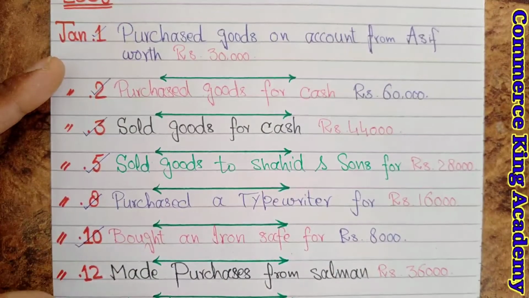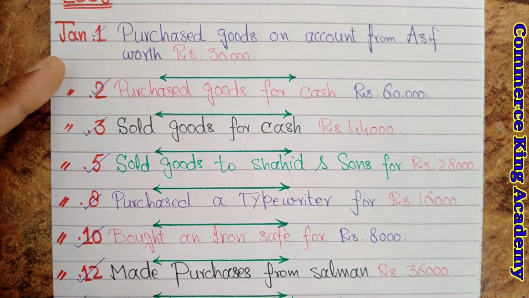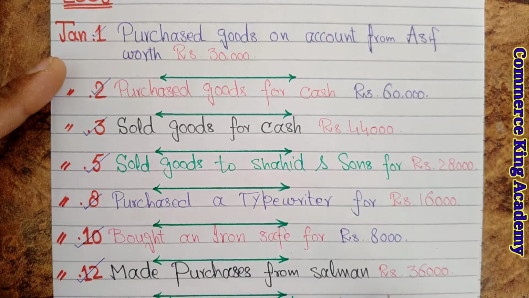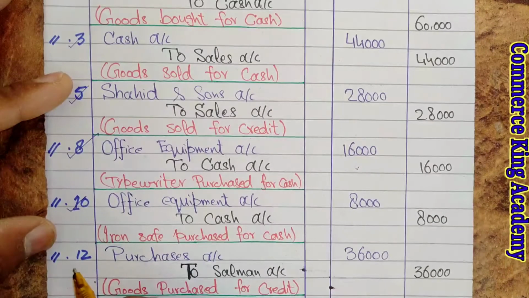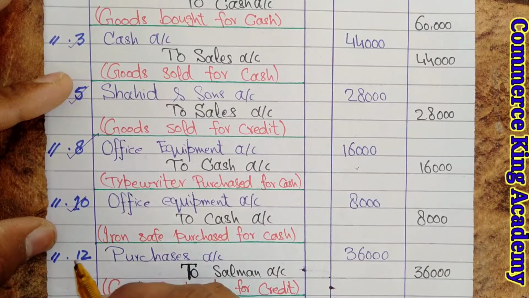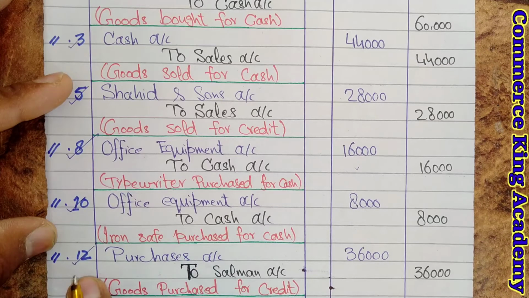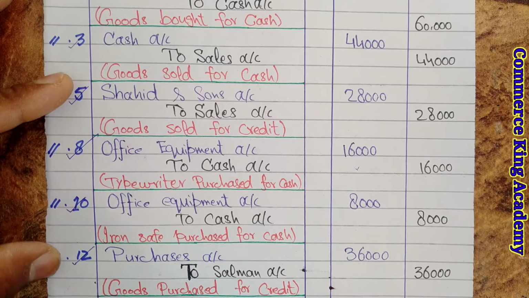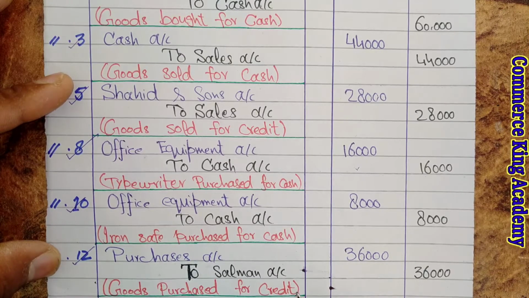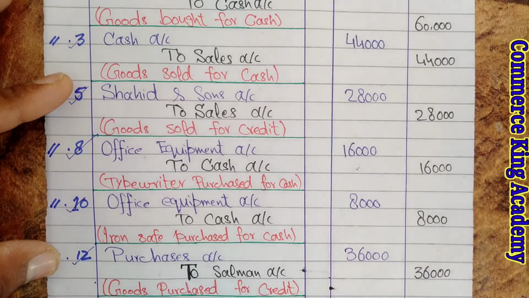The next transaction is dated Jan 12th, made purchases from Salman, rupees 36,000. So the entry of this transaction will be in this way: Jan 12th, purchases account debit to Salman account credit. The details say goods purchased on credit or on account. These are the amounts, debit and credit.